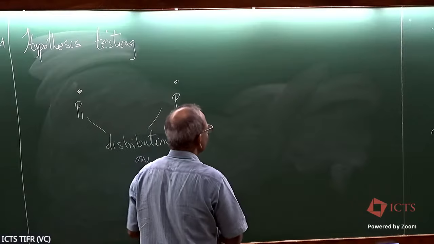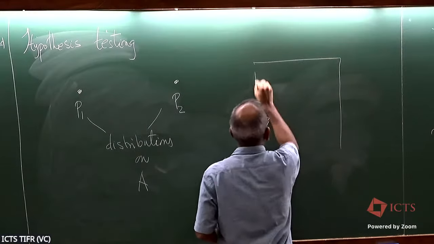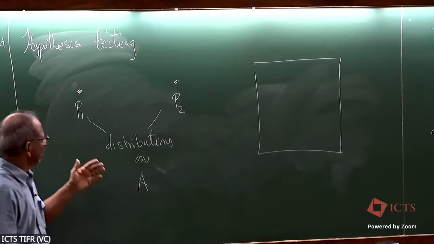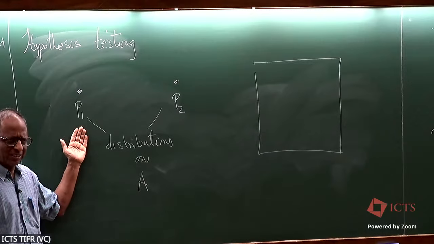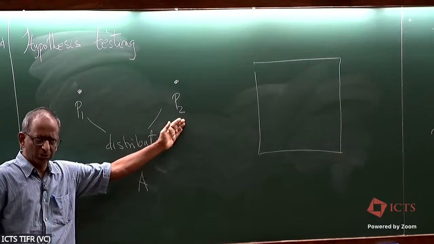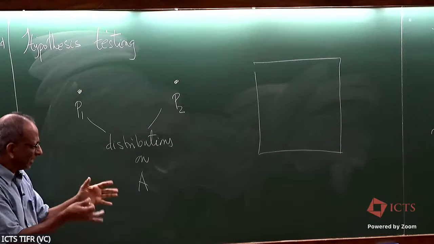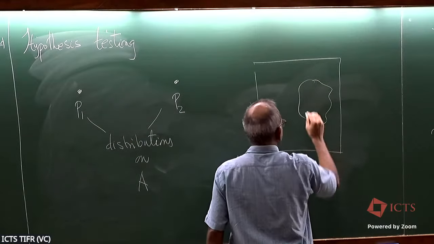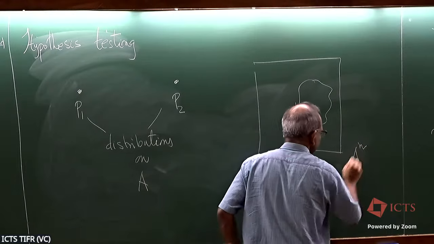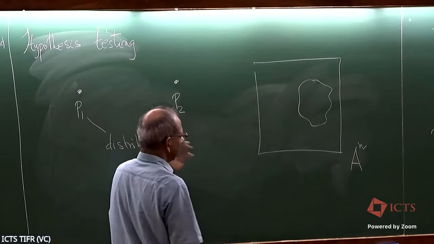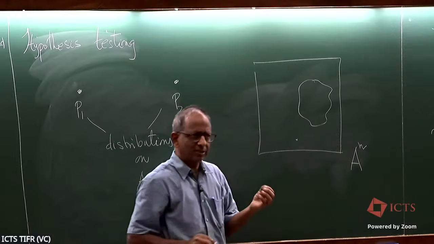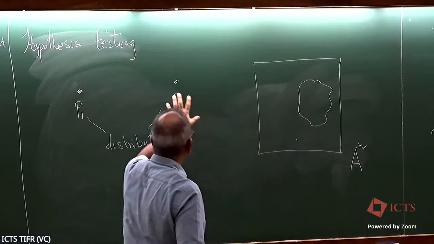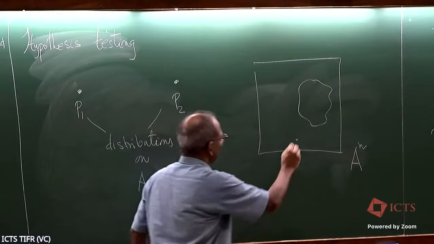Usually in hypothesis testing, one of them is called the null hypothesis, and this is the alternative hypothesis. And you would like to design a test so that, you perform the experiment n times and you get a point here. If the sample lands here, then you say that you reject the null hypothesis.